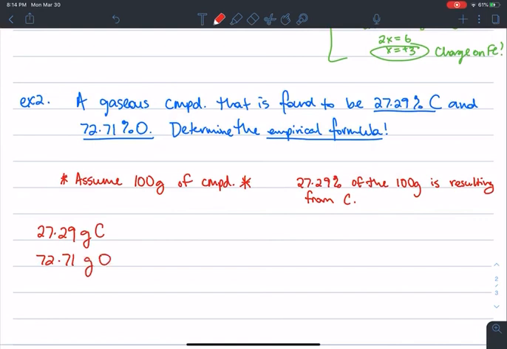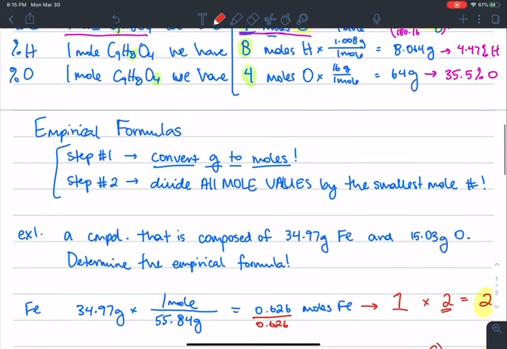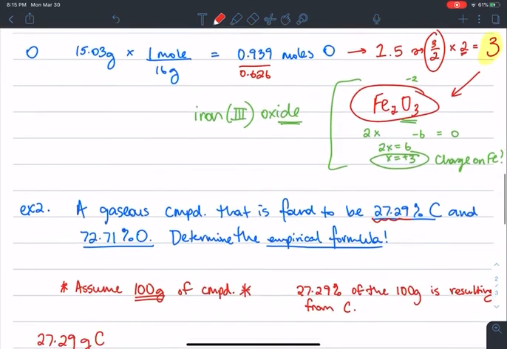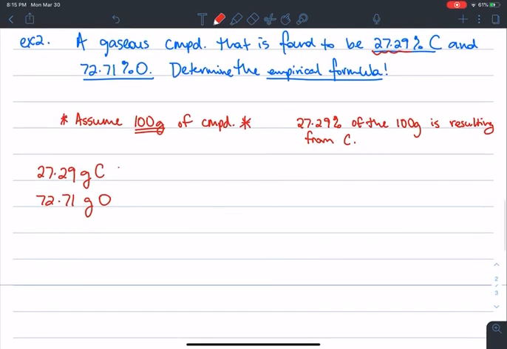If you assumed a number different than 100 grams, you would actually have to take 27.29% of that number, and that would be how much carbon you have. Just assume 100 grams, and you can just use those percentages straight up as grams, okay? So now, just like our first step is to convert grams to moles. So let's convert this to moles.